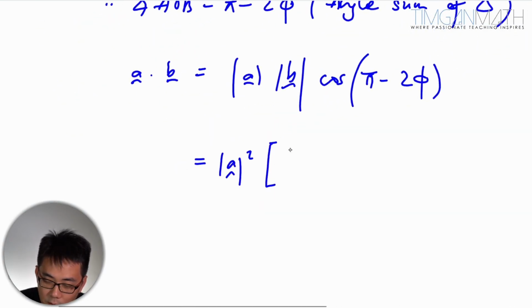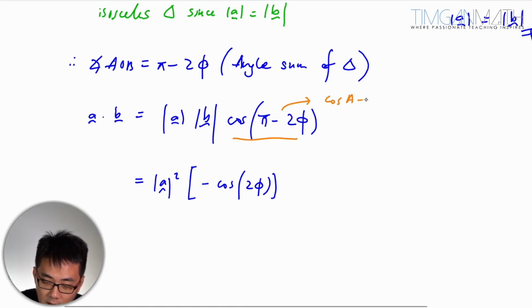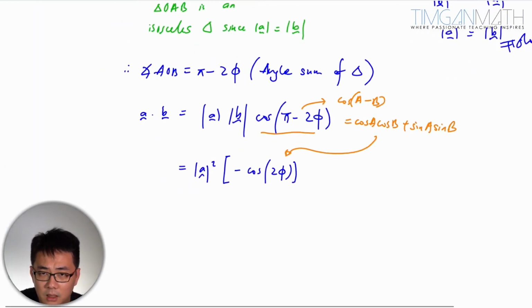If you've forgotten this formula here, you can use this formula to deduce. What I'm doing here is I'm thinking in terms of quadrant 1, quadrant 2. That's why I know this is negative. But if you don't, you can just use cosine A minus B is equal to cosine A cosine B plus sine A sine B. You still get the same, but it's just a lengthier process.